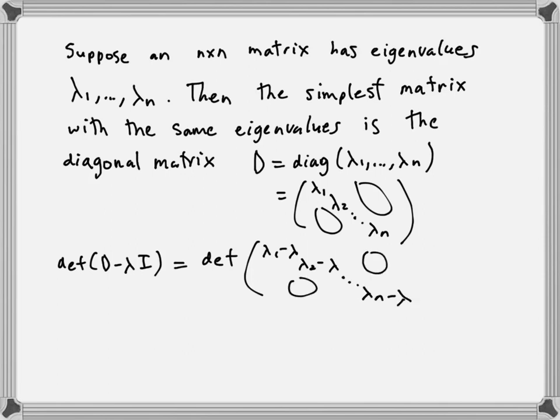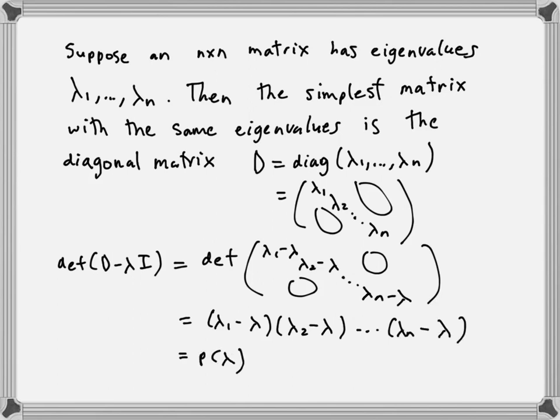Everywhere else is a 0. But the determinant of a diagonal matrix is just going to be that. So it's easy to see what the eigenvalues of this matrix are going to be, right? It's just going to be lambda 1 to lambda n. Okay?